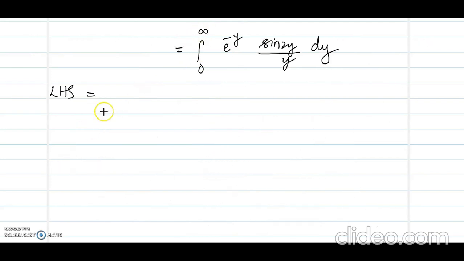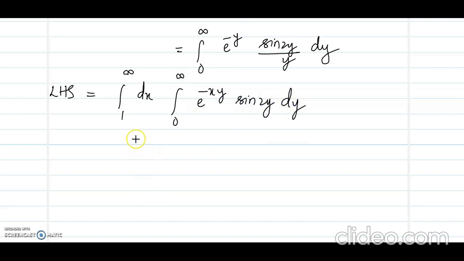Okay, so LHS will be the integral from 1 to infinity dx of the integral from 0 to infinity of e power minus xy sin 2y dy. So again this is in the form of the formula for e power ax into sin bx. So we will get the integral from 1 to infinity, so the integral is going to reduce to e power minus xy by x square plus 4.